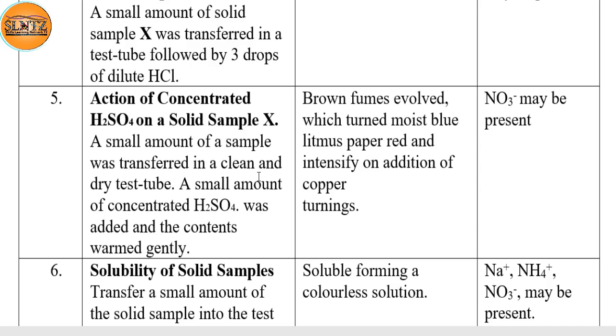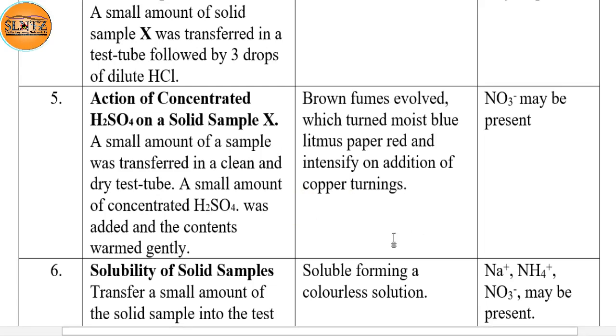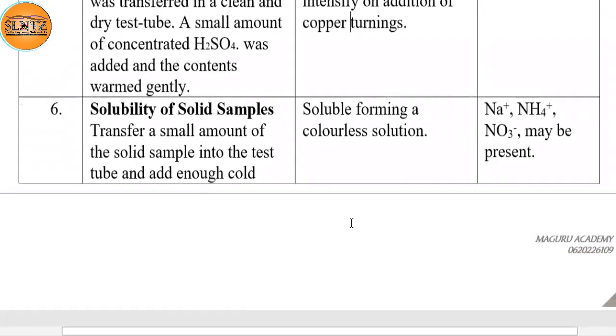A small amount of concentrated sulfuric acid was added and then the content warmed gently. You have to change this sentence. Brown fumes evolved, which turned moist litmus paper red and intensified on addition of copper turnings. Nitrate may be present, and that is a report.